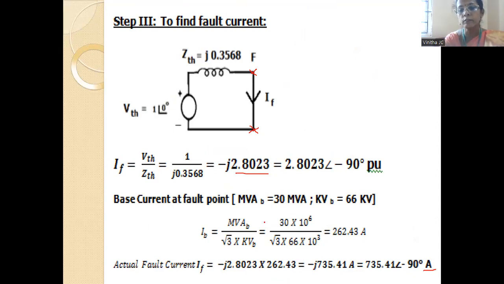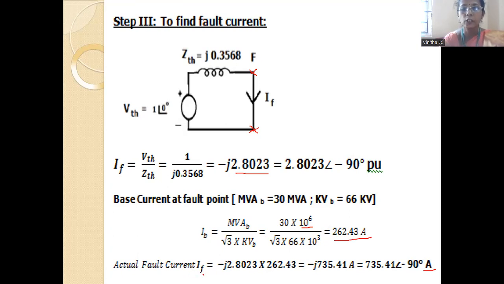So we need to convert this MVA into VA, so we multiply with 10 power 6. And if you want to convert kV into V, you multiply with 10 power 3. Or otherwise, you can convert this MVA into kVA, then you can cancel this K and K, so that also you will get the same answer.